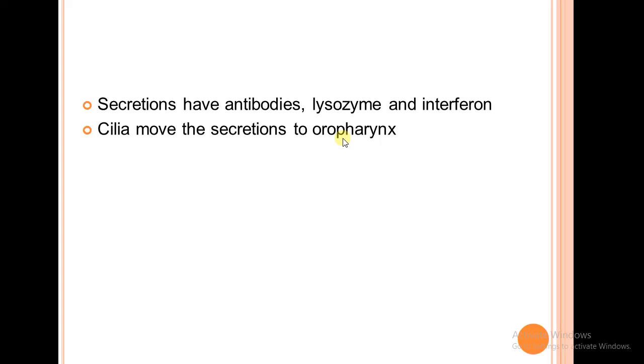Now whatever is trapped in the mucus, either in the upper or in the lower respiratory tract, this ciliary movement will cause this mucus to move towards the oropharynx, and in the oropharynx either it will be expectorated or it will be swallowed into the esophagus. So whatever has been trapped in the mucus of the airways will be cleared off, it will be removed from there due to ciliary action because of the cilia present in the epithelium.